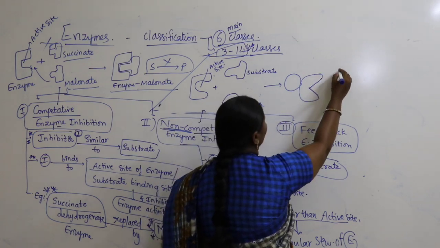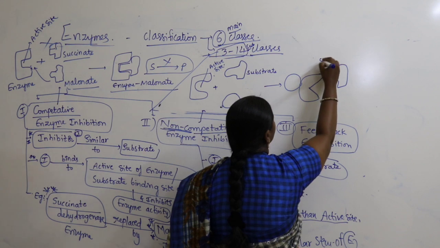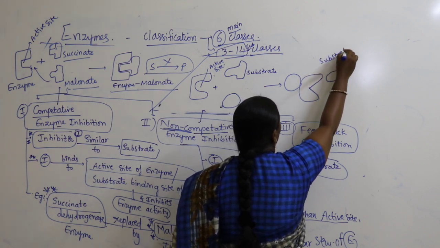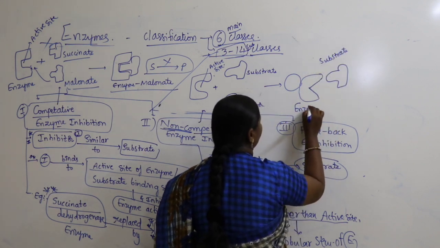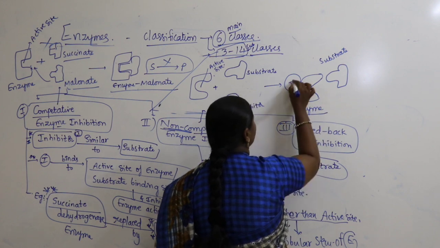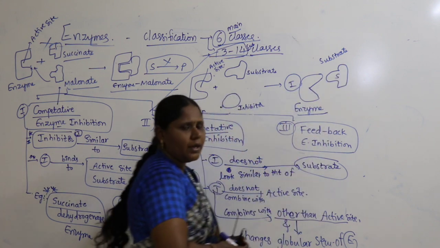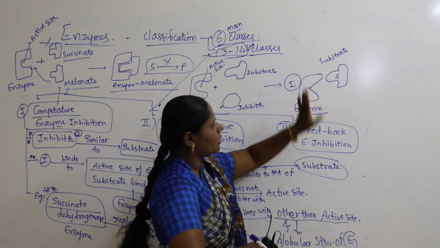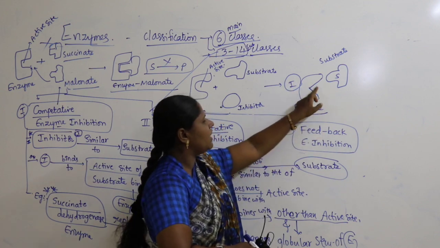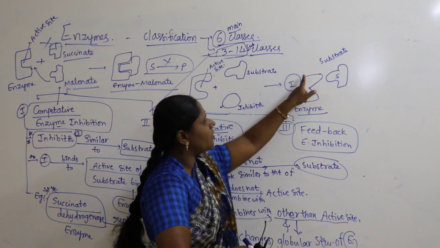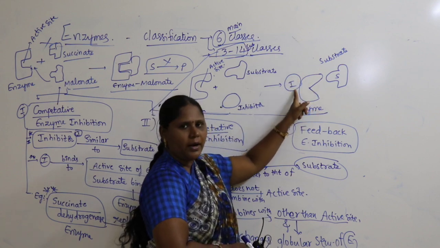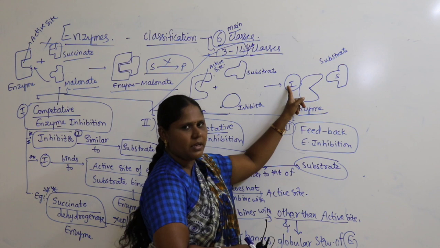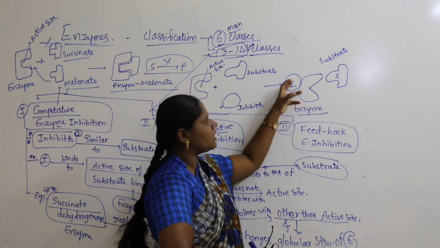Then the substrate will not fit into the enzyme. This is the inhibitor. This is an active site. Inhibitor will not combine with the active site. It combines other than the active site, somewhere on the structure of the enzyme. And after combining other than the active site, it changes the globular structure of the enzyme.